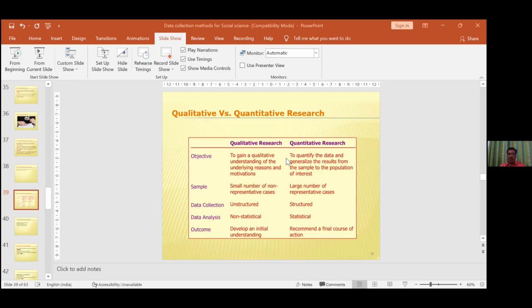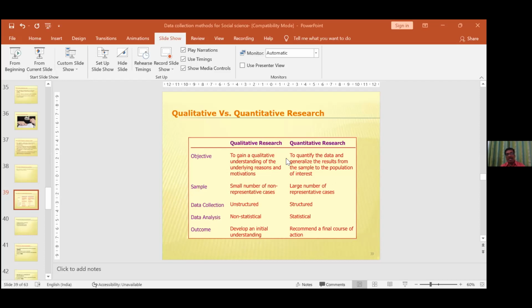Next, we have seen what conditions and criteria are to be used by the researcher before using primary data. Next, we have seen the uses of primary data, and the different sources of primary data.